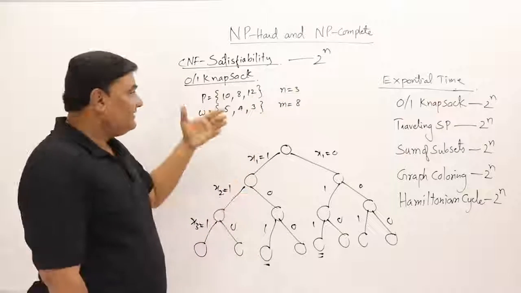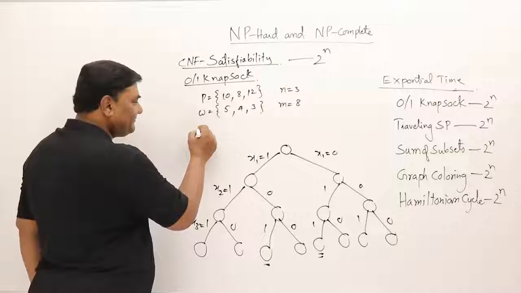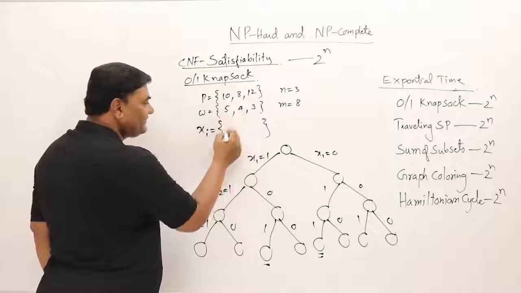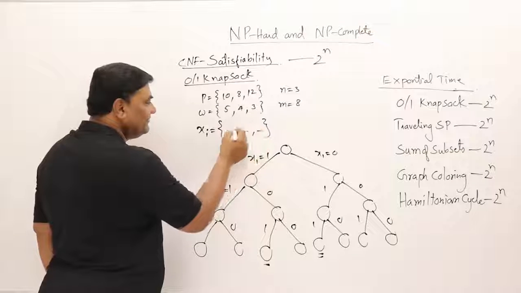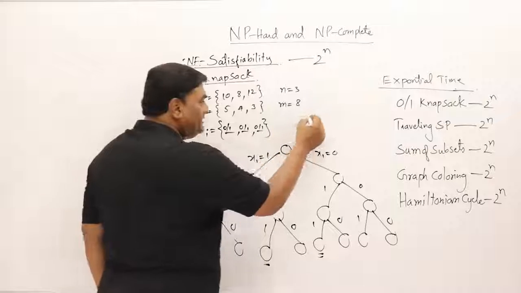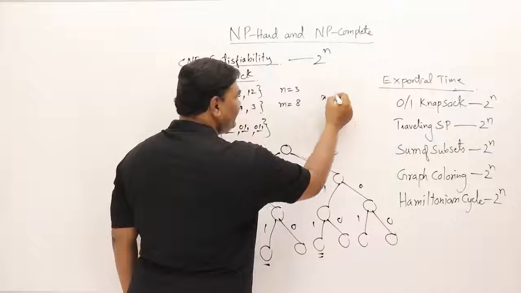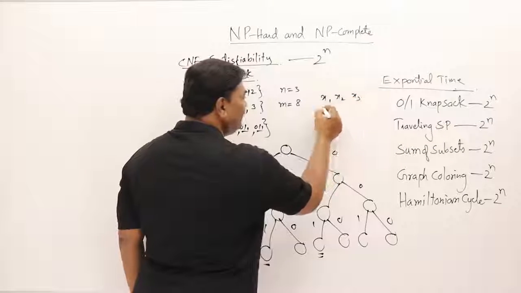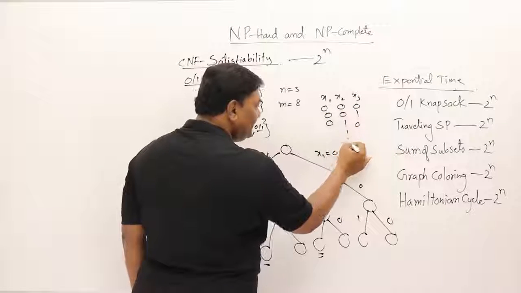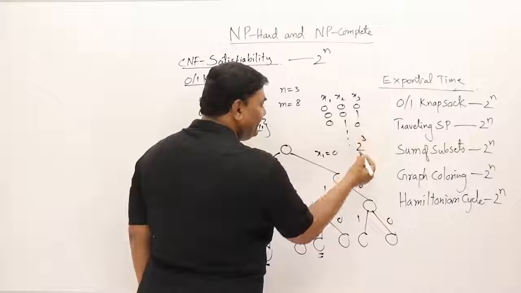and we should not exceed the capacity of the bag. Then to give the solution for the 0-1 knapsack problem, I can write the solution in the form of xi, where the first, second and third values can each be either 0 or 1. Means x1, x2 and x3 can be 0 0 0, or 0 0 1, or 0 1 0. So how many possibilities are there? 2 power 3.